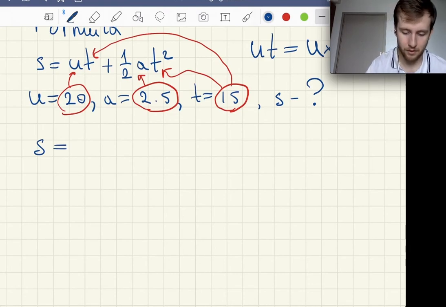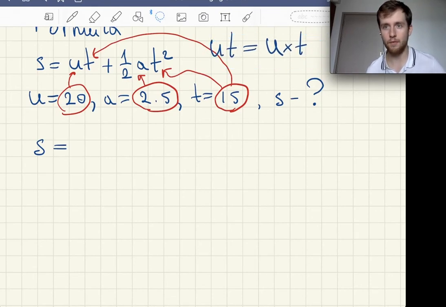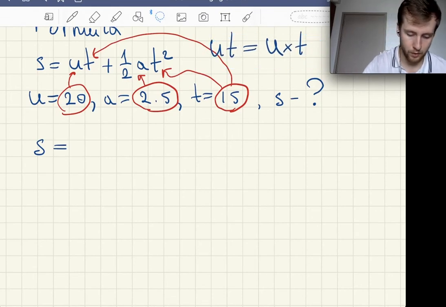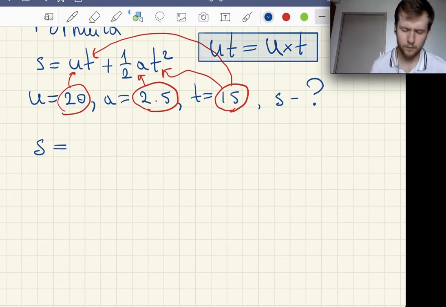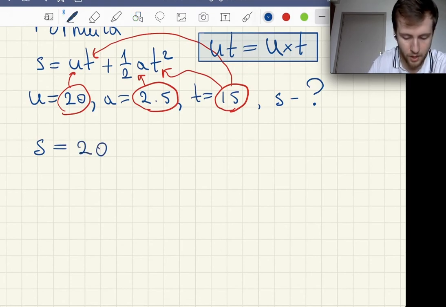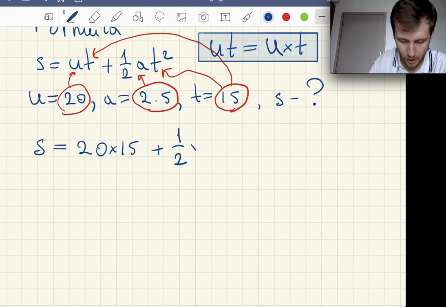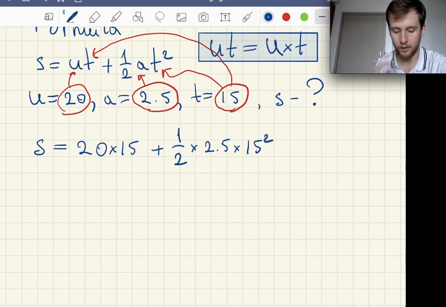This works for everything else in this field, so I'm going to circle it. ut means u times t. So in this case, if u is 20 and t is 15, we have ut equals 20 times 15 plus 1/2 times a, which is 2.5, times t squared, so it's 15 squared.